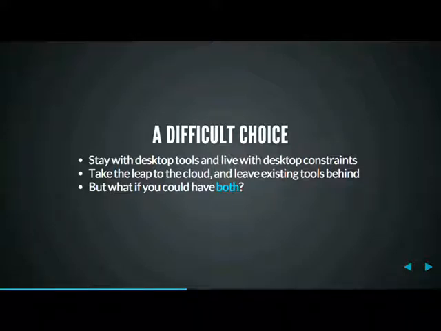So I'm faced with this really difficult choice: do I stay behind, or do I move ahead and feel the pain of the missing pieces until it catches up? But the question that Martin and I have been asking is, what if you could have both? How could we enable using those desktop tools and starting to take advantage of cloud capabilities and cloud tools?